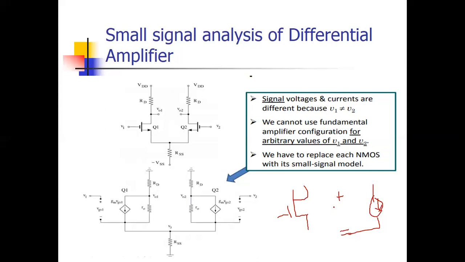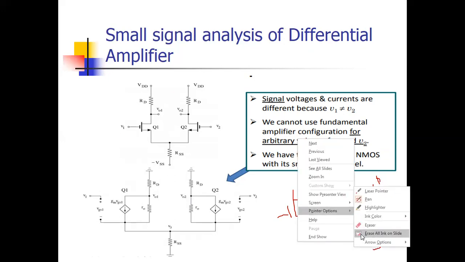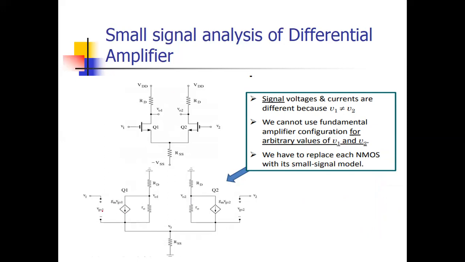So this is your VGS, and this will be your gm into VGS. This is your drain terminal, this is your gate terminal, this is your source terminal. This part is fixed. Same here, gm VGS is fixed. Now you have to check what is attached at the drain, RD, and what is attached at the source, RSS, same here.